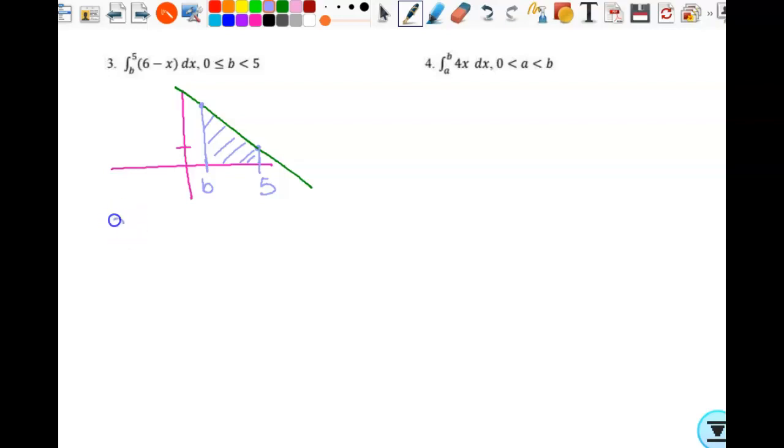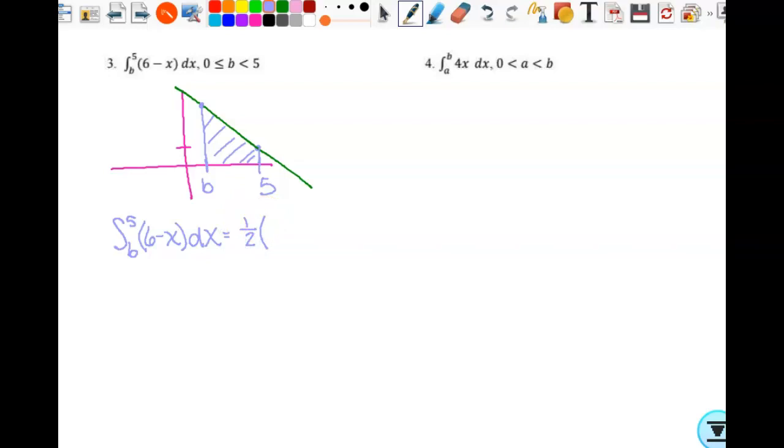So I'm integrating from b to 5 of 6 minus x dx, which means I need the area between this curve and the x-axis. That's why we bounded that and shaded. What is that shape? Trapezoid, okay? So that's equal to, I know my trapezoid formula is 1/2, then I have to add the two bases.